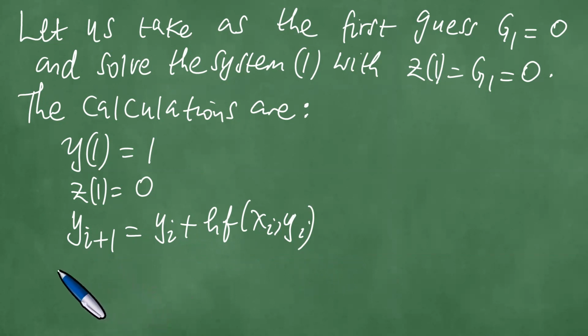With this we shall be able to get y at 2, because we have y1. Remember the h here is 1, so just add 1 to get y2.